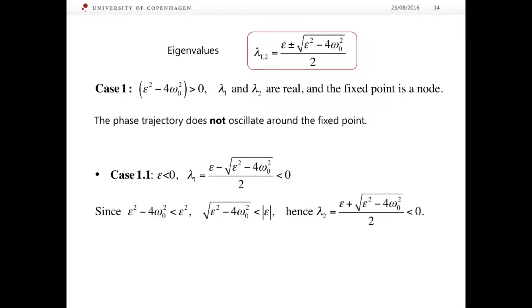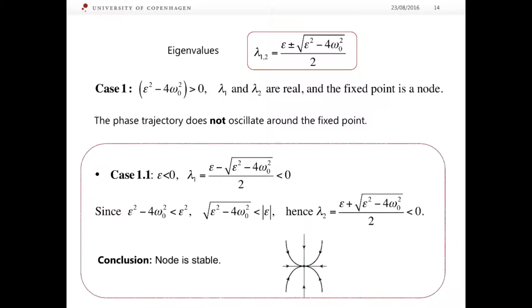And overall we will obtain a negative number. So the second eigenvalue is going to be negative too. Our conclusion is that our node is stable, and the picture qualitatively depicting the phase trajectories around the fixed point is shown here.